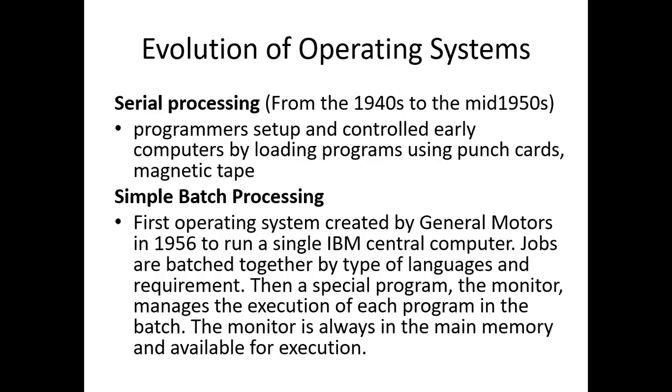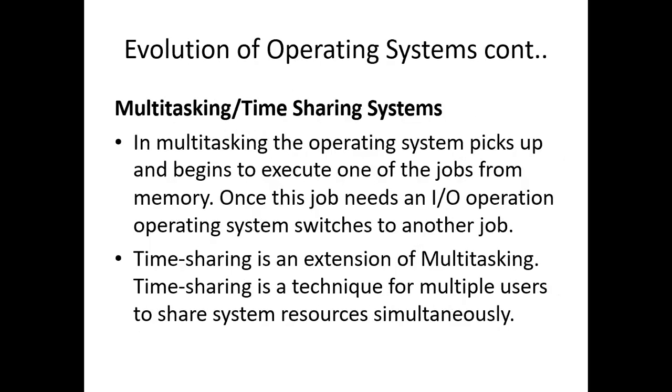Then a special program, the monitor, manages the execution of each program in the batch. The monitor is always in main memory and available for execution. So there was a monitor to collect all the jobs and then they were processed in a bunch at intervals. This is the first operating system.